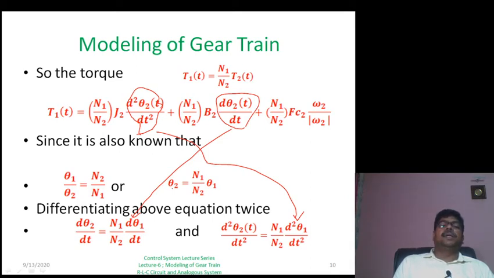If we differentiate theta 2 with respect to time, d theta 2 by dt will be equal to n1 by n2 d theta 1 upon dt. And once again differentiating with respect to t, d square theta 2 by dt square can be represented as n1 by n2 d square theta 1 by dt square.